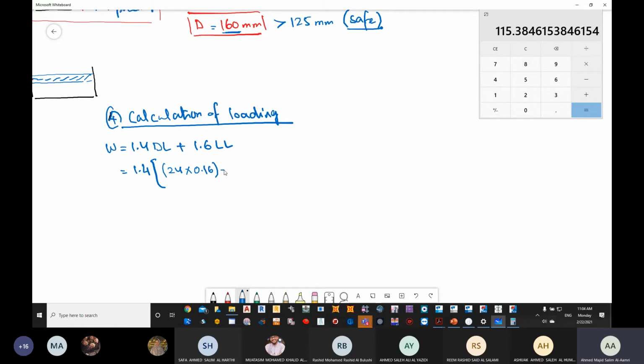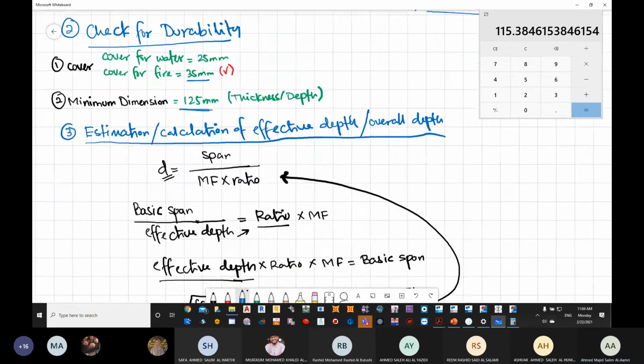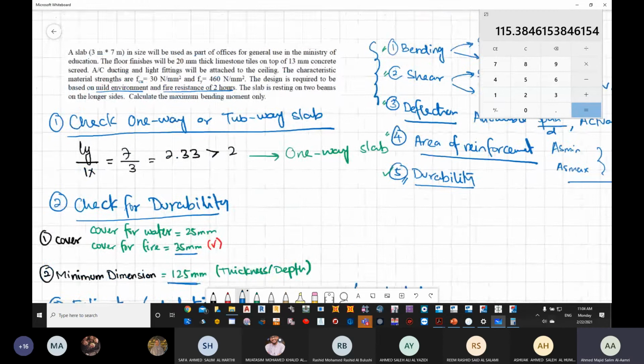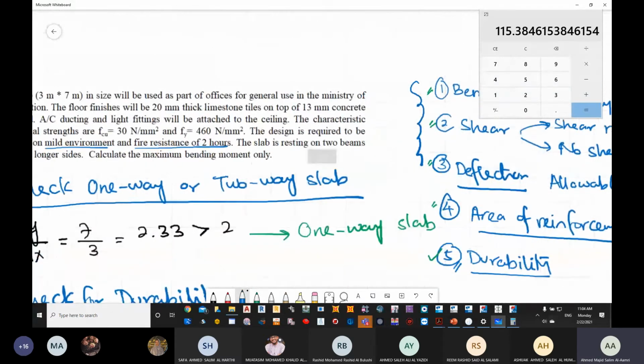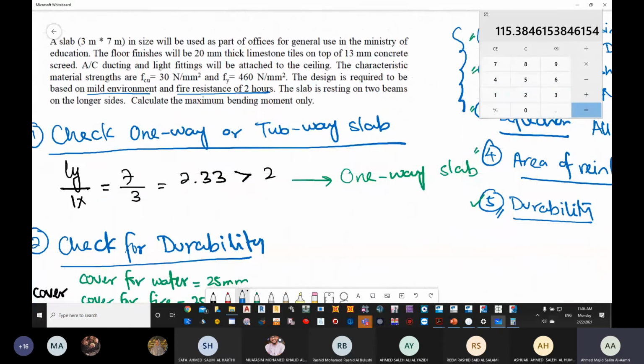Now, do we have any finishes in the problem? If we return back to the problem, do we have any finishes mentioned here? Once again, you can see we have the floor finishes.